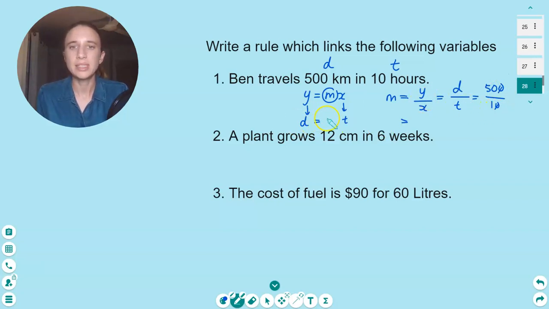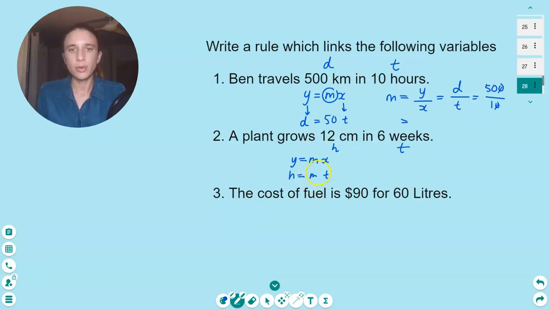So m is 50. Now this one, a plant grows 12 centimeters in 6 weeks. Okay, remember, what are your units? That's time here. And this is, let's call it height, h. Now I know that time is always on my x-axis. And so the other one must be h, y must be h.